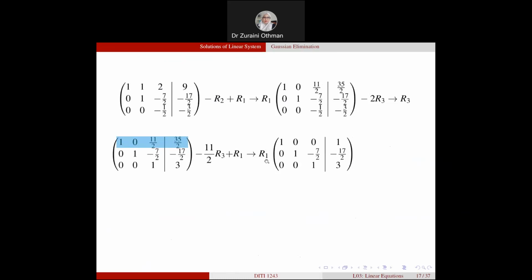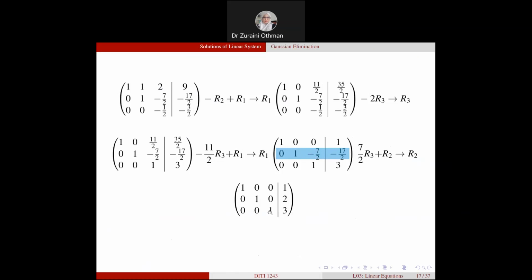Okay. Then here for the second row, we want to make a change to this element. So it must minus to itself. So become 0. Because it is negative, we have to minus with a positive number. Then 7 over 2, R3 plus R2 and change R2.